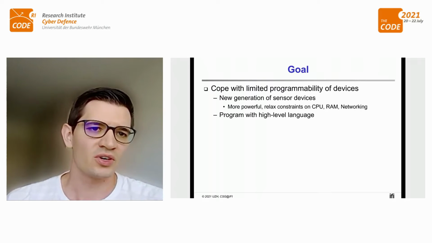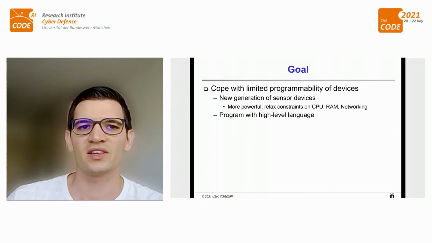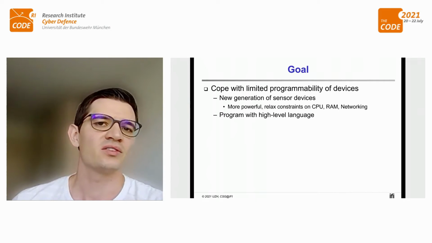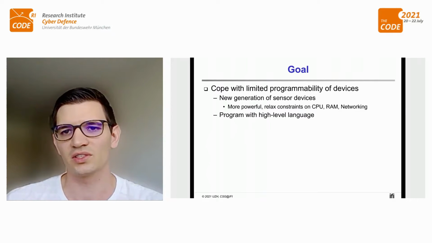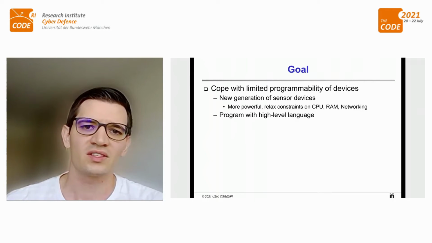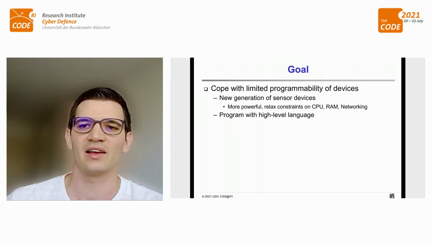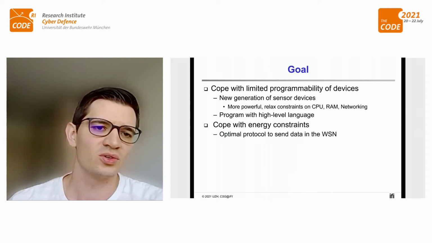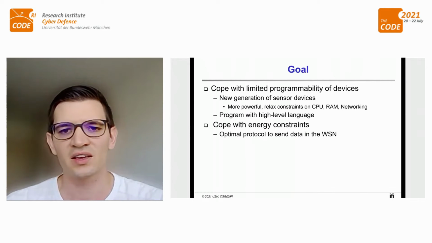So the goal of this work is, on the one hand, to cope with the limited programmability. For this, a new generation of devices was used that is more powerful than older generation devices. And on the other hand, the new devices also can be programmed with high-level languages. On the other hand, the goal is to cope with the energy constraints of the devices.